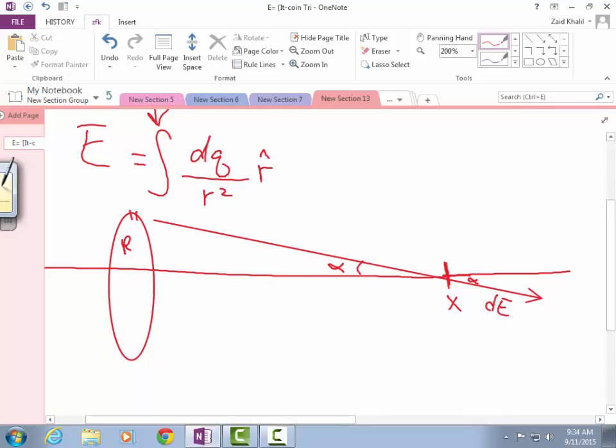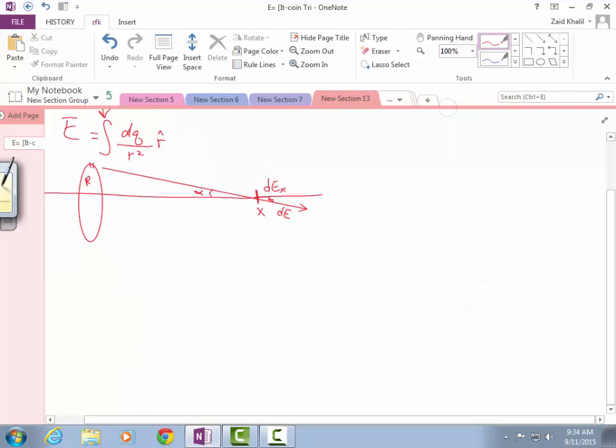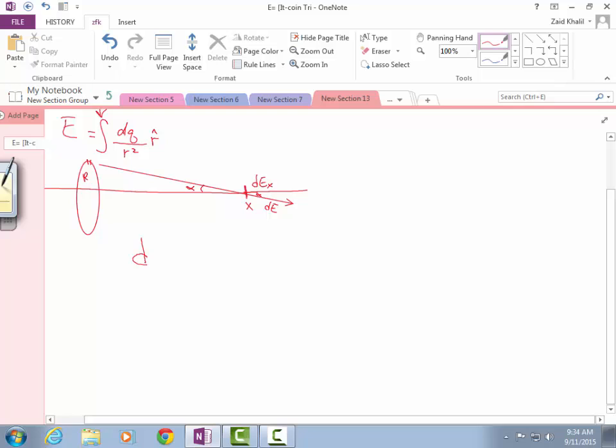But the only component that survives is the component along the x-axis, which we call dEx. And so what's the relationship between dEx and dE? It's cosine alpha. In other words, dEx is equal to dE cosine alpha.